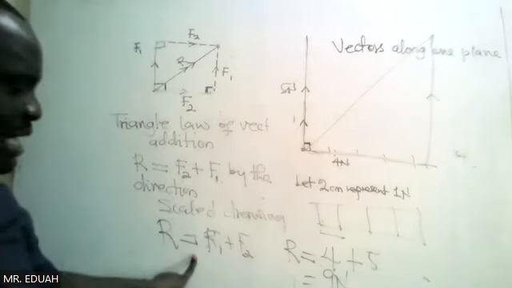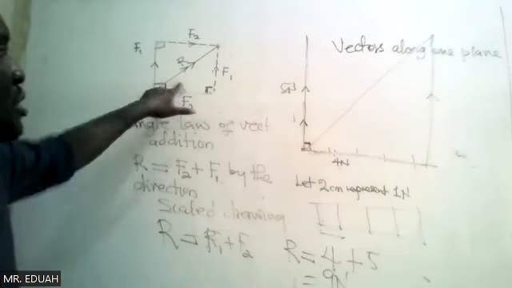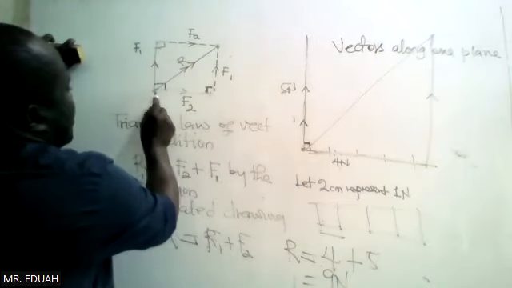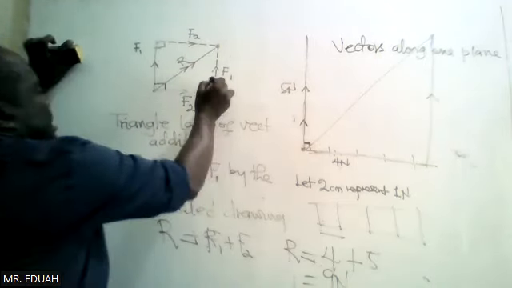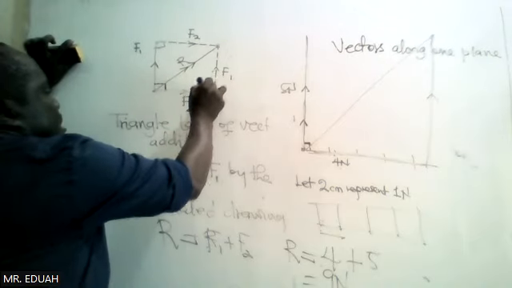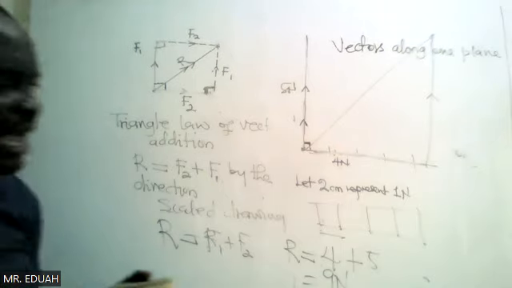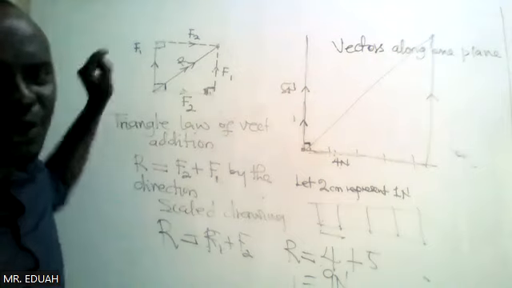If it's not drawn to scale, the forces form a right angle triangle: F2, F1, and then the resultant. This angle is 90 degrees, so we can use Pythagoras theorem to find the resultant.